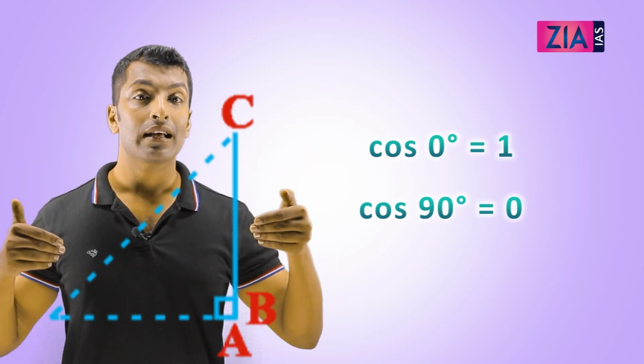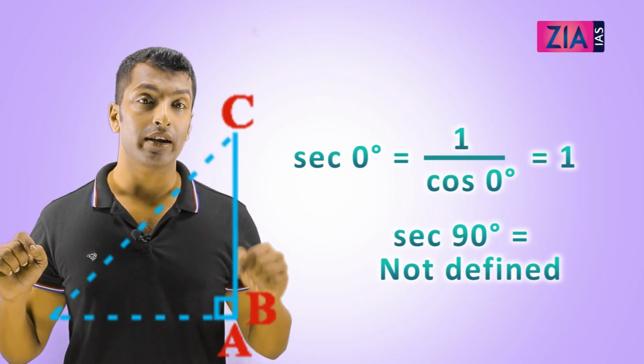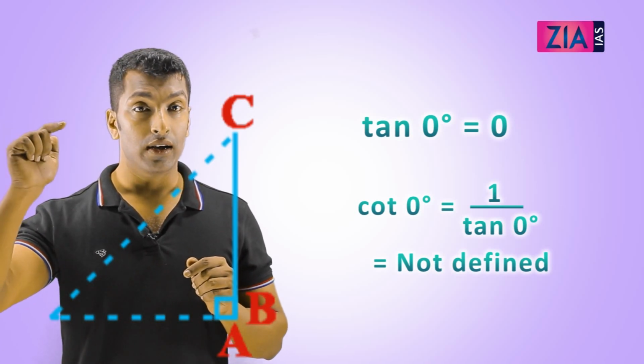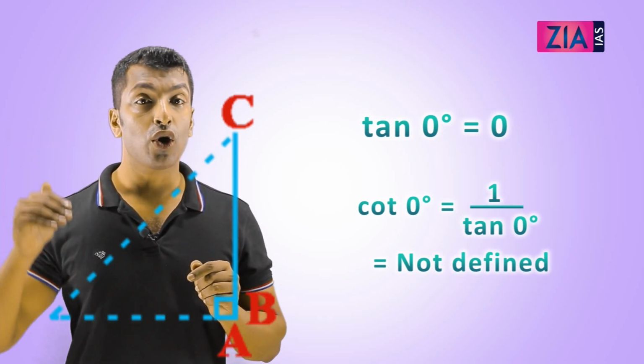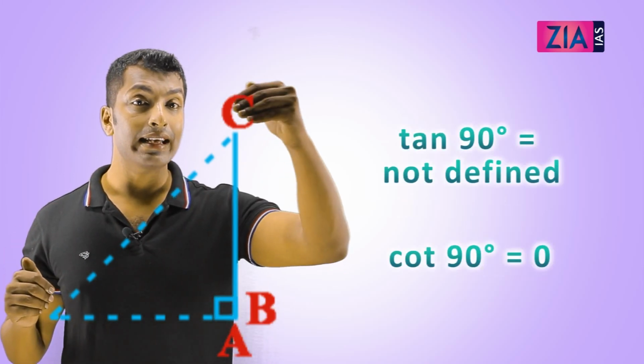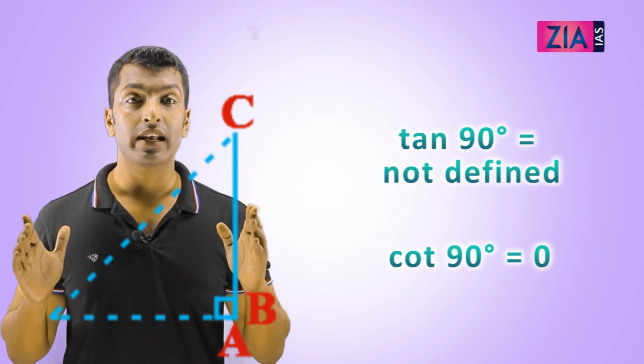So the reciprocal, that is sec: sec 0 was 1 and sec 90 is not defined. Again, tan 0 was 0 and cot 0 was not defined. Now tan 90 is not defined and cot 90 is 0. I hope this is clear for all of you.